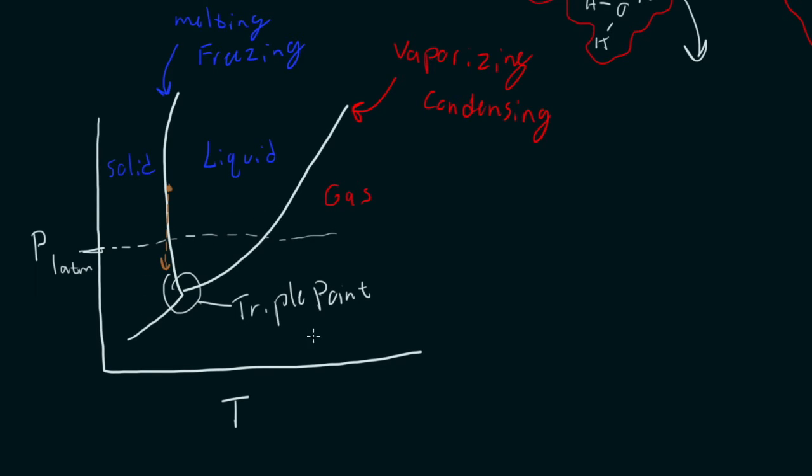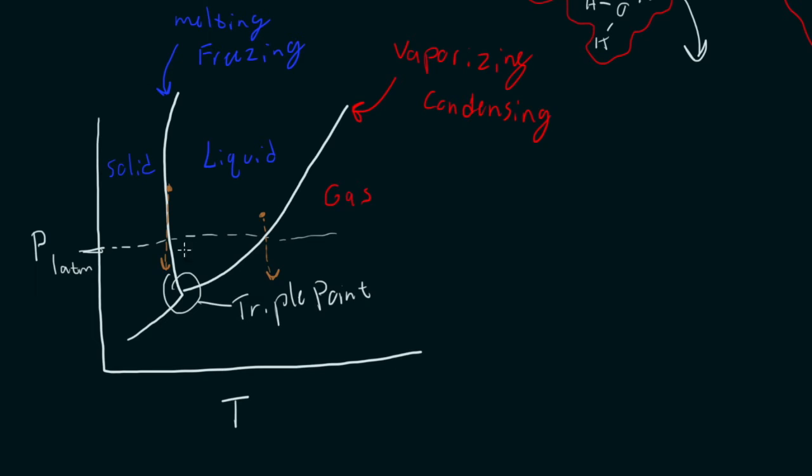So, likewise, if I'm in a liquid over here, or sorry, if I decrease my pressure enough over here at a certain temperature, well then I'm just going to turn into a gas. Okay? So these transitions are also possible.